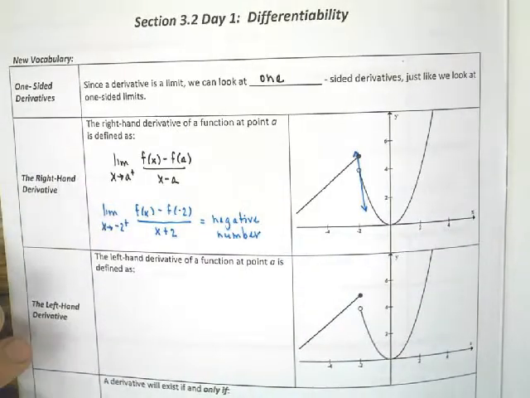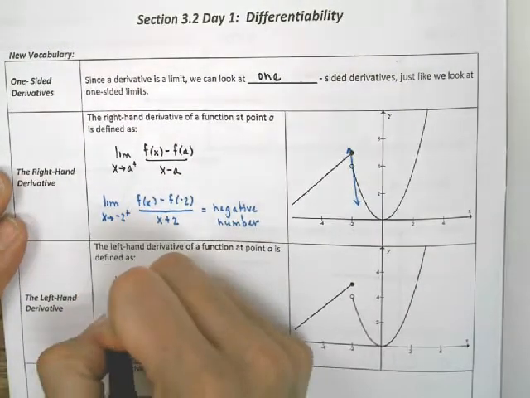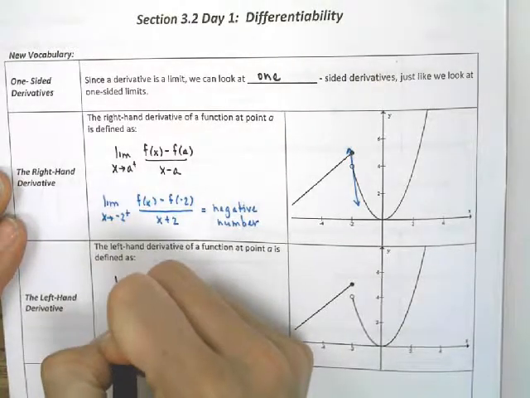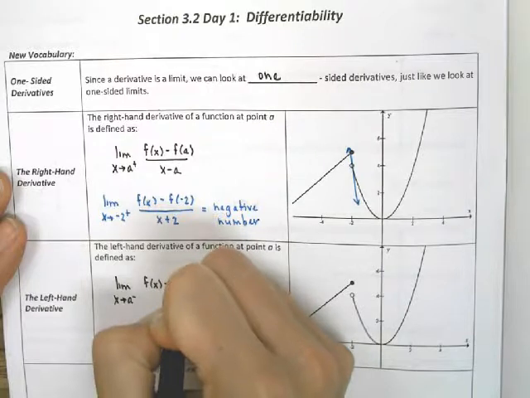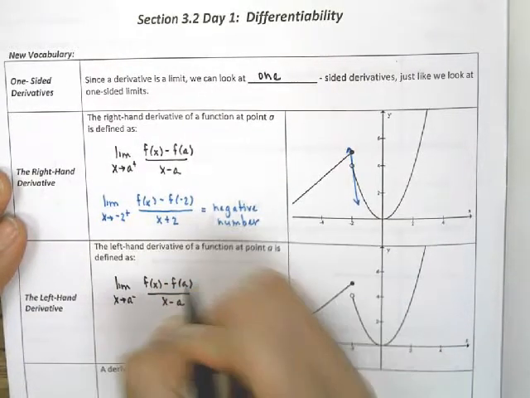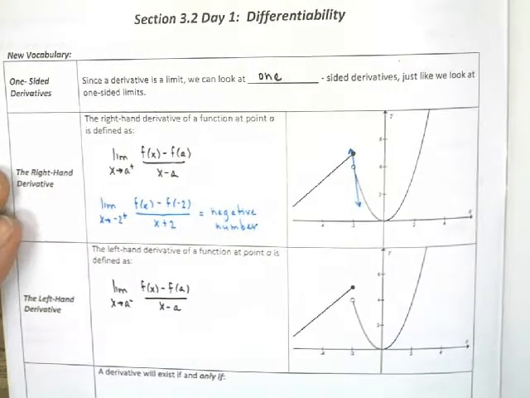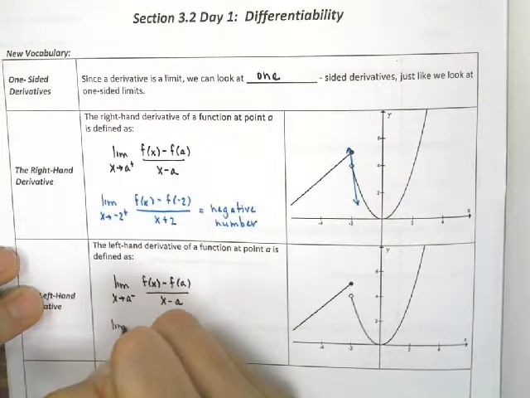Likewise, I can look at the left-hand derivative of a function at point a. It is just the limit as x approaches a from the left of f of x minus f of a over x minus a. So in this case, again, I'm going to look at what's happening at negative 2.